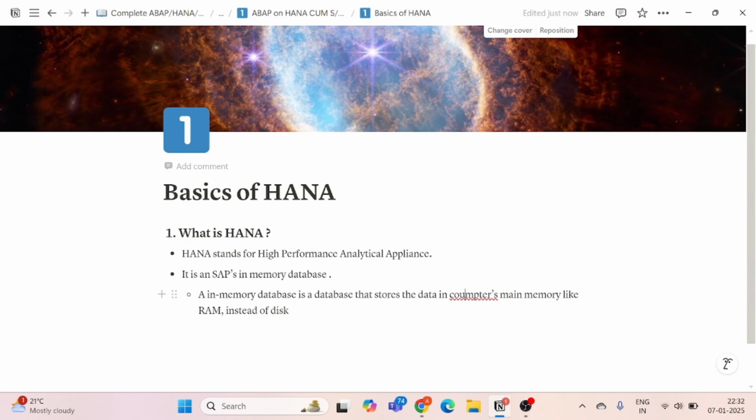What is the meaning of main memory here? Main memory means RAM. So HANA is nothing but SAP's in-memory database. We are going to discuss it in detail.